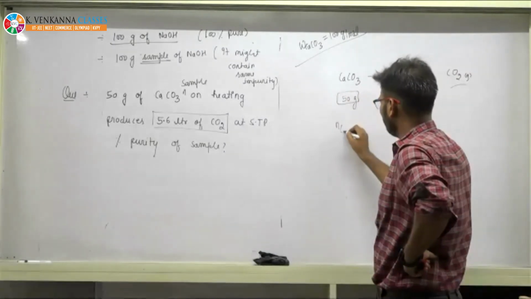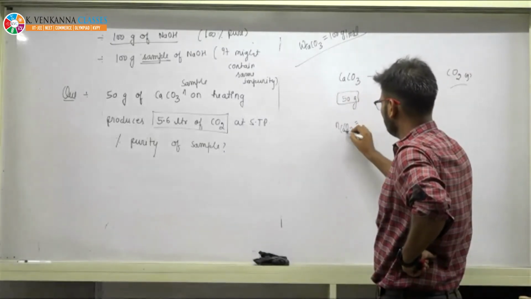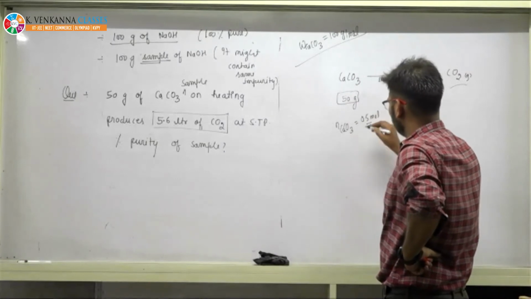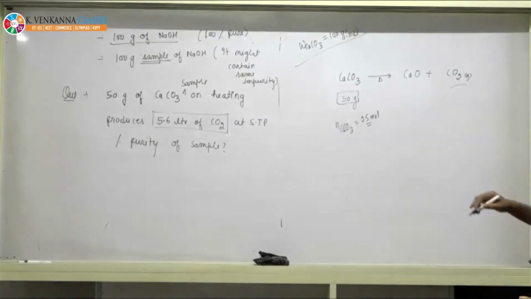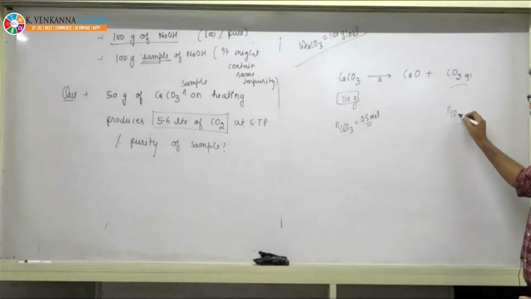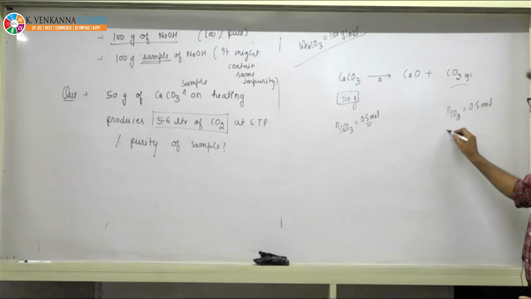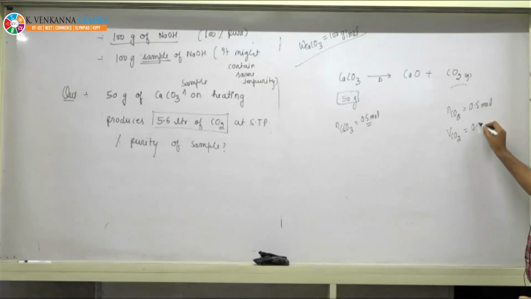So calculate the moles of calcium carbonate. They will come as half mole, or 0.5 mole. If you have 0.5 mole, then the moles of CO2 will also be 0.5. So the volume of CO2 should be 0.5 into 22.4 liter, that is 11.2 liter, right?